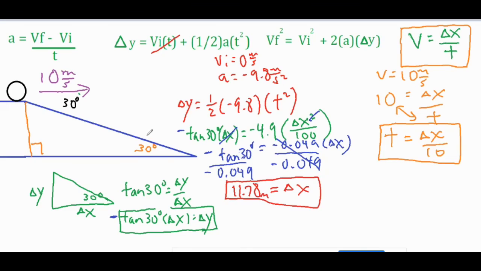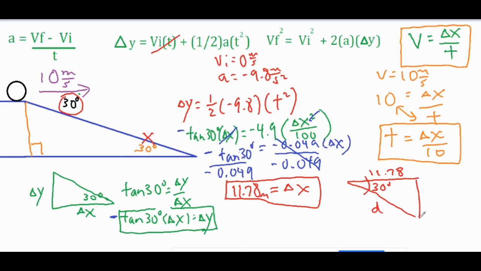Now, that isn't our final answer because we're looking for where the object is going to fall and land on our decline. But we do have the x portion of our triangle. So if it looks like this, there is our x component. There's our decline right here. We'll just say d for distance or d for decline, doesn't really matter. And then there's that 30-degree angle that's right over here.